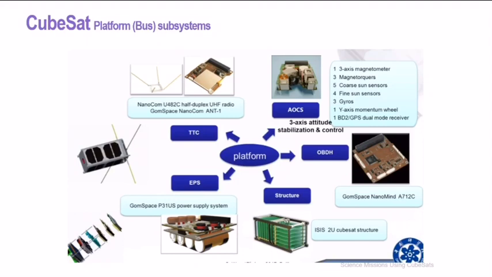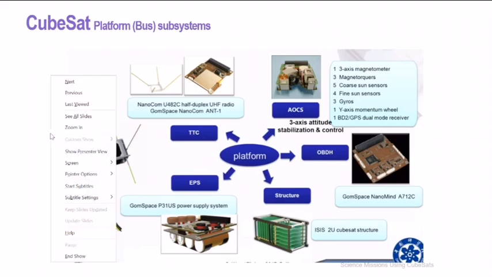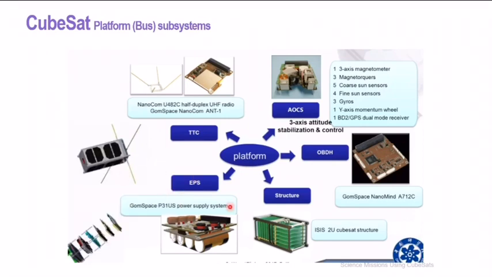of the spacecraft. In the platform you will have all the necessary subsystems. For example, the satellite has to provide power. Then you need to have a power subsystem. So you will have to design this particular power subsystem. Then the satellite has to communicate with your Earth station or with your ground station.